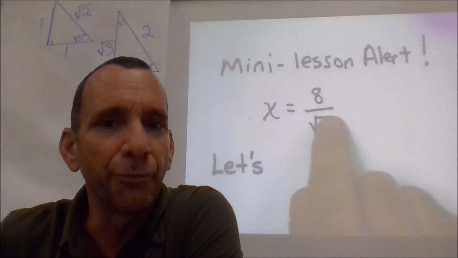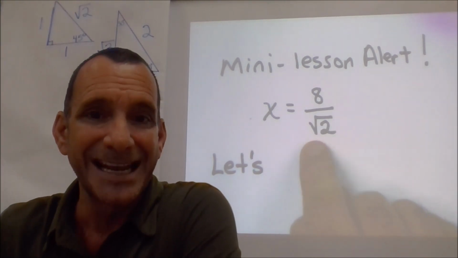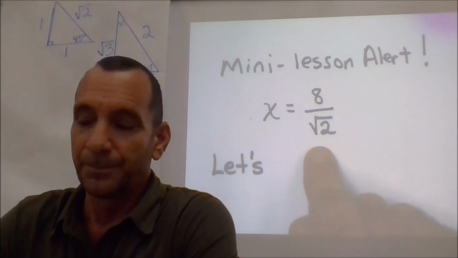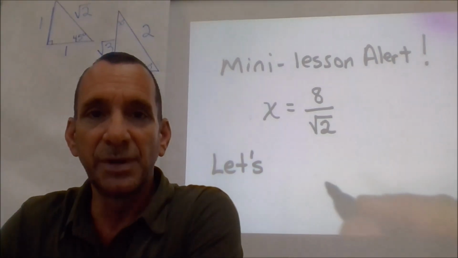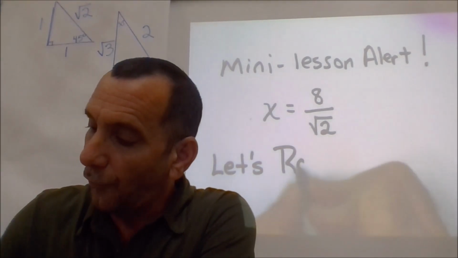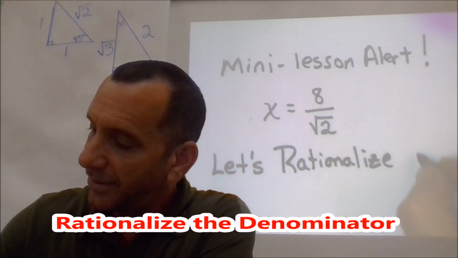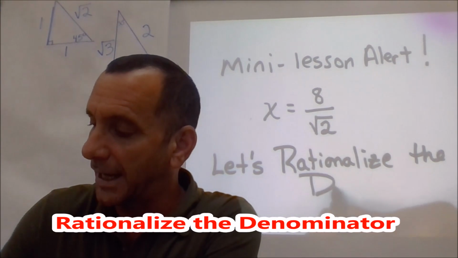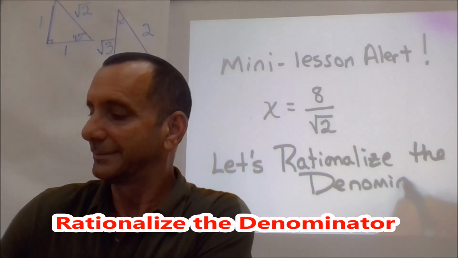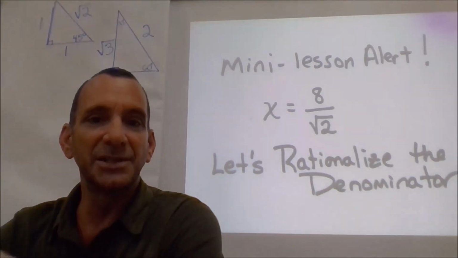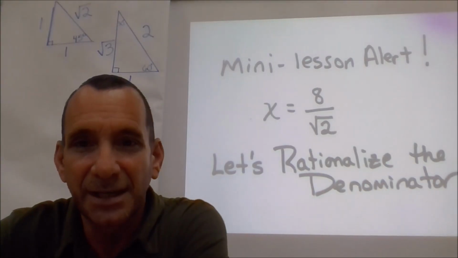If there is a radical expression in the denominator, we are going to need to rationalize the denominator. We need to rationalize the denominator.